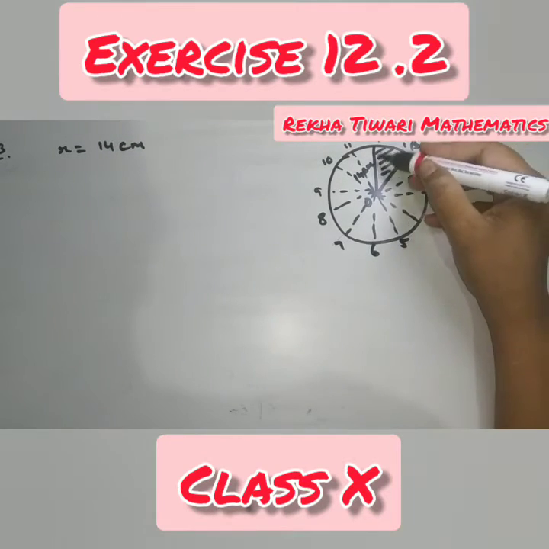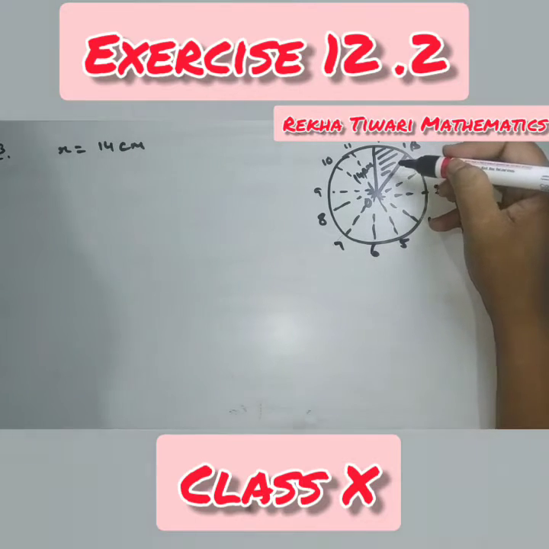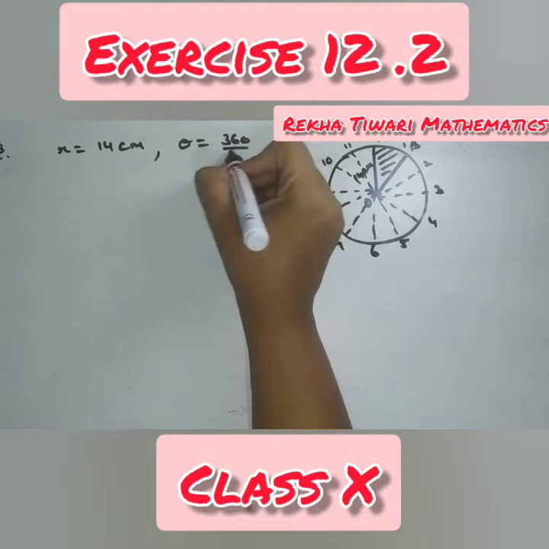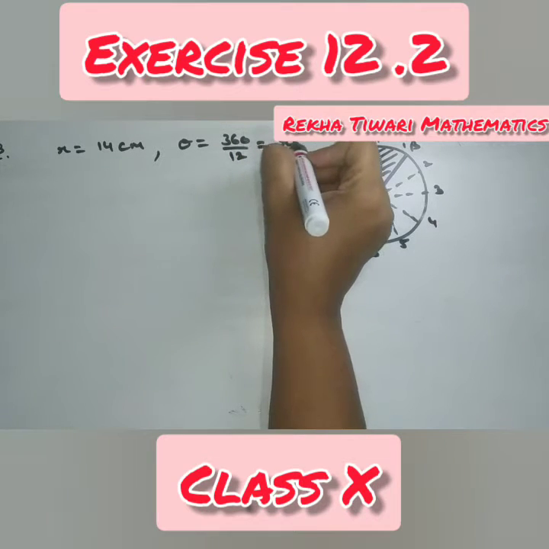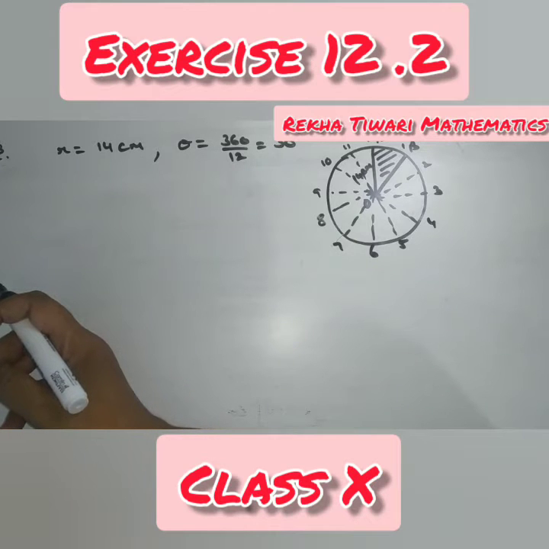So what is the area of this sector? It is 360 divided by 12. So theta is 360 divided by 12. That comes out to be 30 degree. Again, for convenience, you can write 1/12 of area of circle.